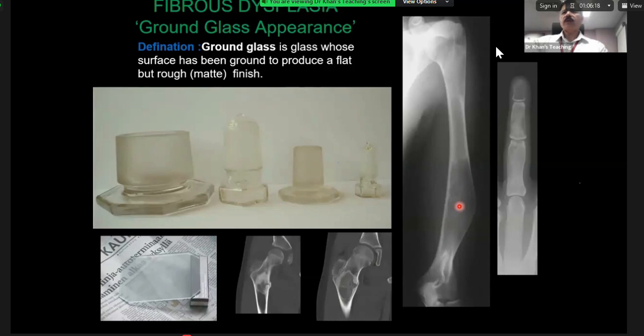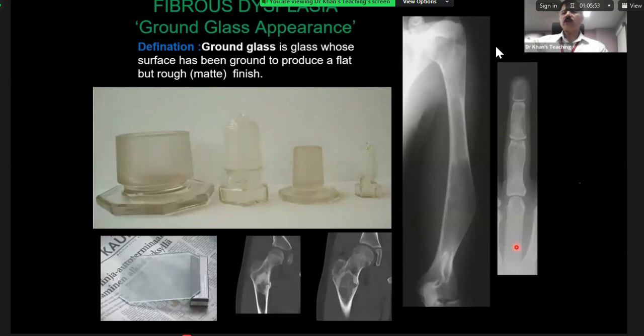So polyostotic fibrous dysplasias are always confused. If you don't know it, in the exam, you will confuse it. Look at this case. This is a beautiful case where, look at this metatarsal, metacarpal, and you can see that the medullary cavity is obliterated.